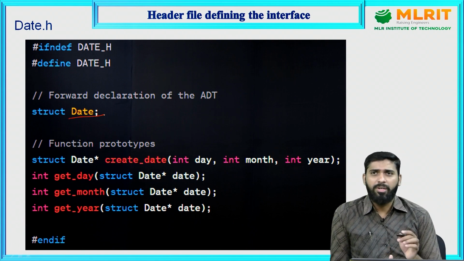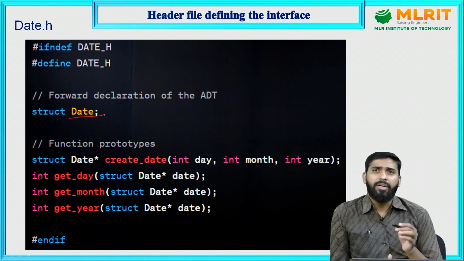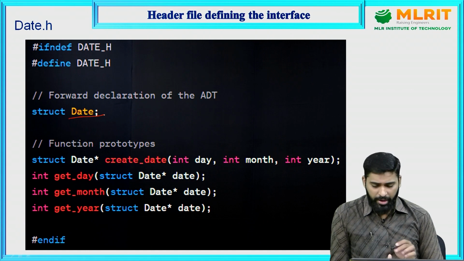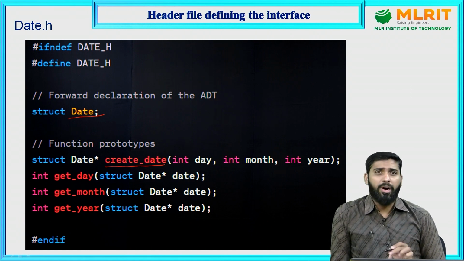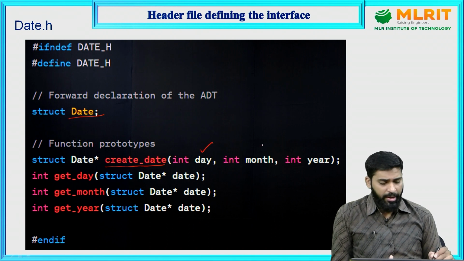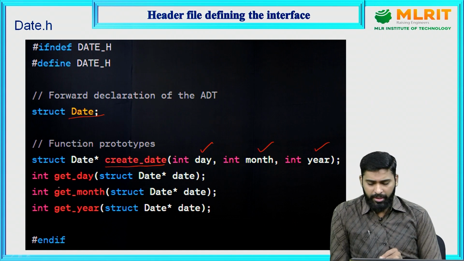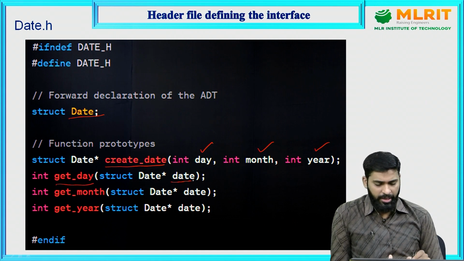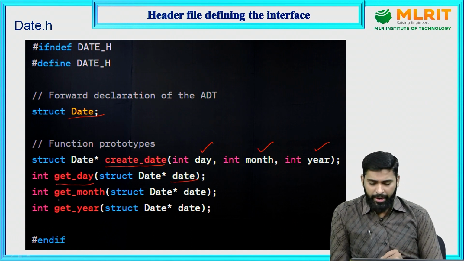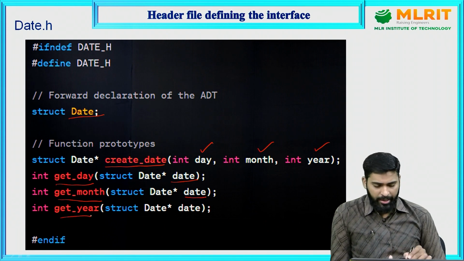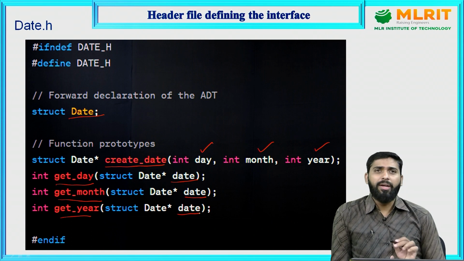This date header file contains four functions. One is create date, the arguments are day, month, year. Similarly, get day, the input is date. Get month, the input is date. Get year, the input is date. This is the interface.